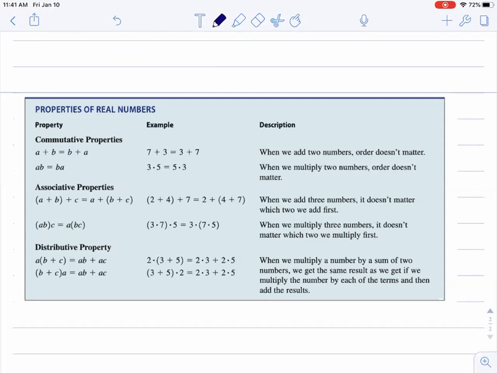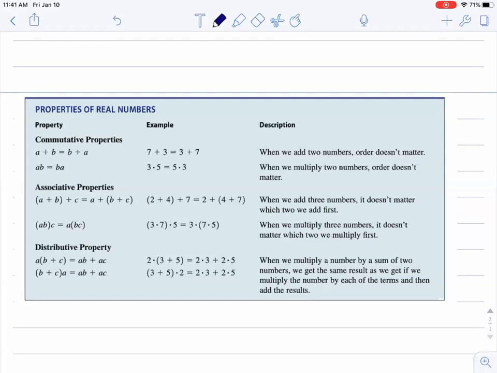If I ask you, is 3 plus 1 the same as 1 plus 3? You would say yes. 3 plus 1 is 4, and 1 plus 3 is 4, so they're the same. The reason for that is because in general, we can write A plus B, regardless of what they are, is the same as B plus A. So for addition and multiplication, that's true.